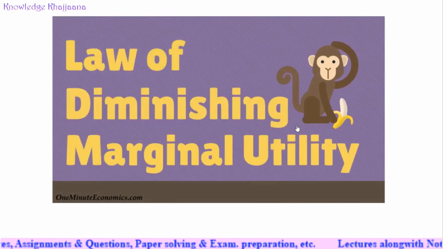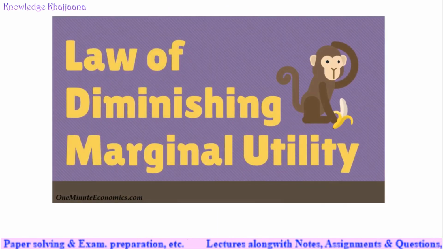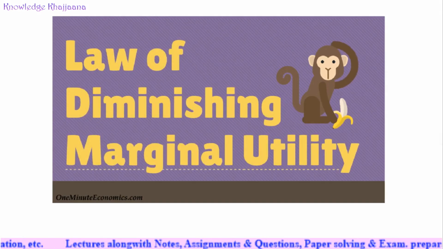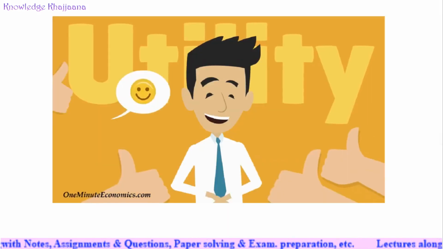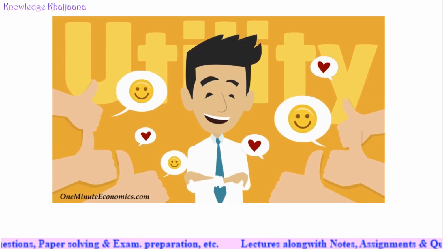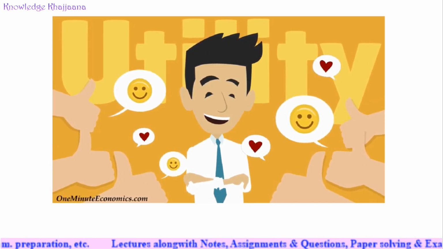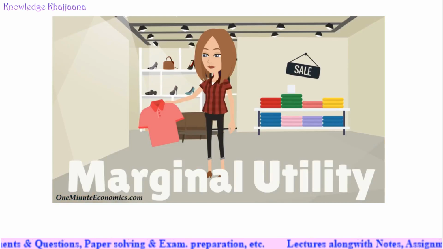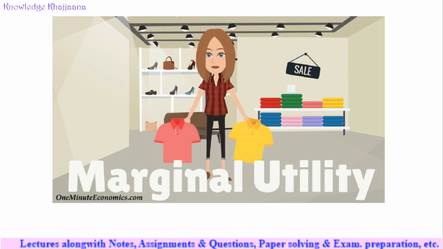For the law of diminishing marginal utility, we need to obviously understand what utility and marginal utility are. Simply put, utility is a term economists like to use to describe the satisfaction you feel after consuming a product or service, whereas marginal utility represents the increase in utility you experience after consuming one more unit of that product or service.